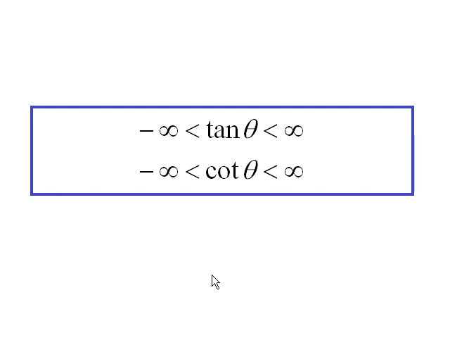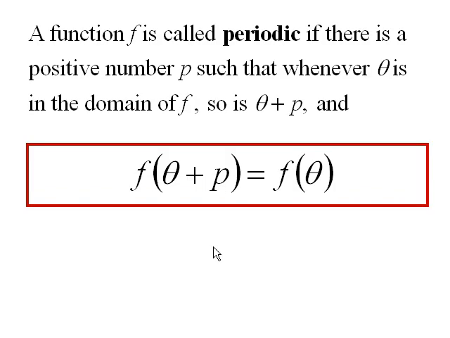The last property to note about the trig functions is their periodicity. Think about what periodic means just in a colloquial way. Periodic means that things happen over and over again. They cycle. They go through the same set of values over and over again. And a periodic function does that.